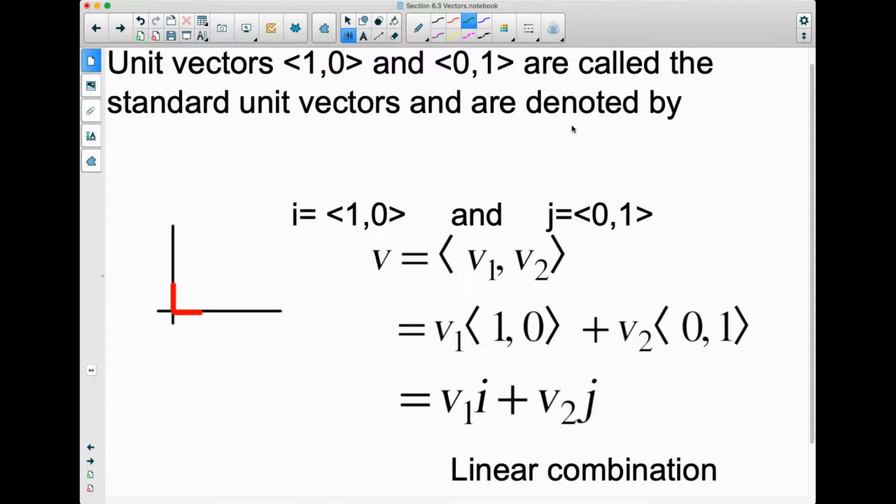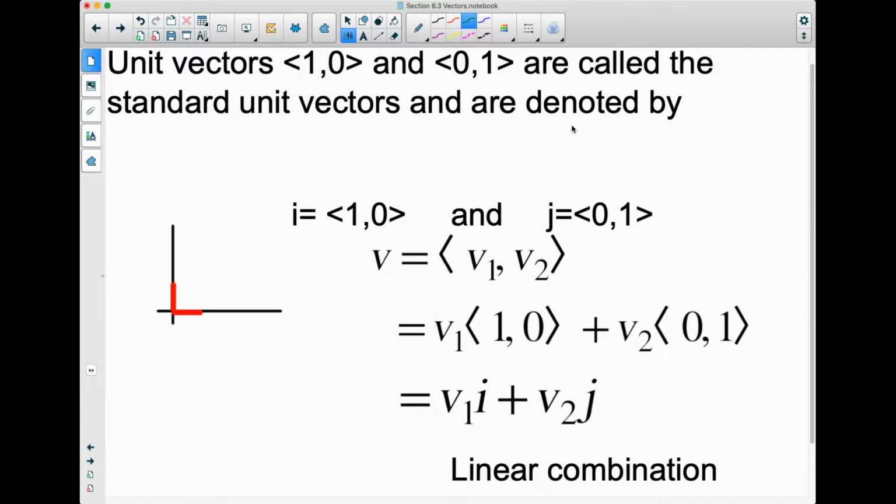So v1 and v2 are going to be numbers, and you just multiply the vector by the number, and then add them. It's literally going to be, if I have a vector 3, 4, it's going to be 3i plus 4j. That's why I said that makes it look a lot more difficult than it actually is.